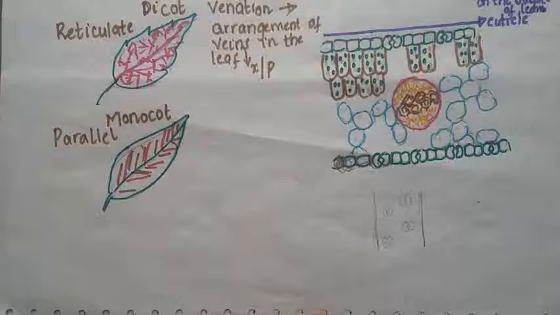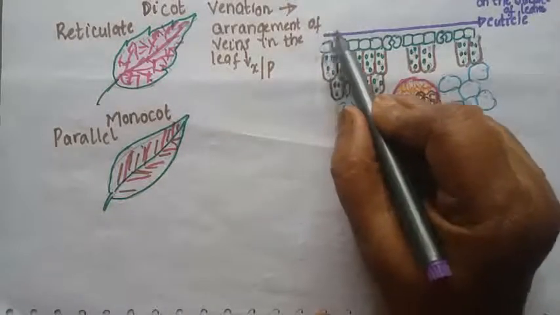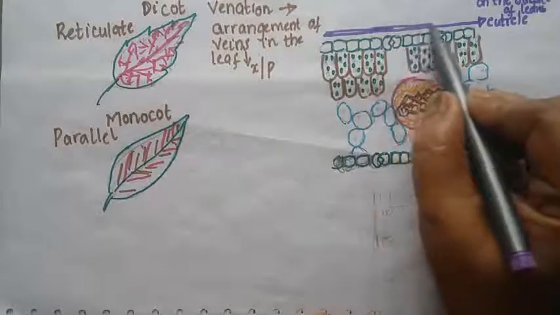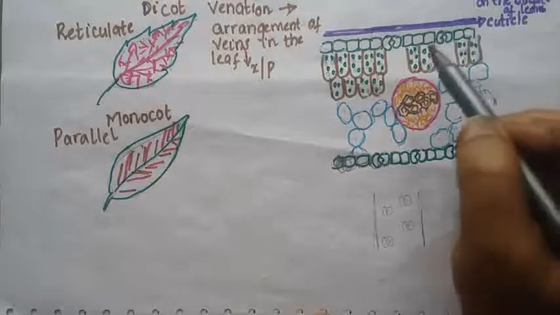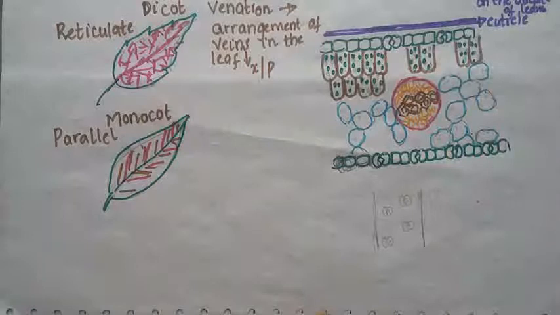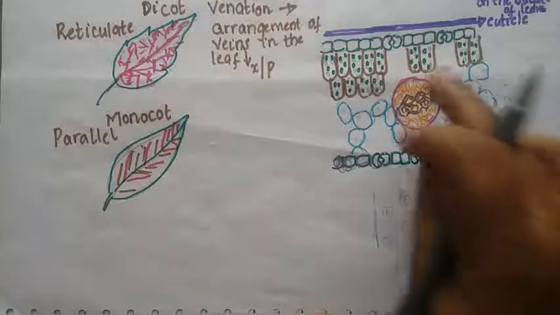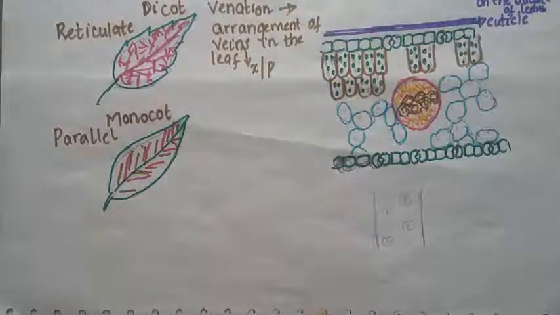Especially in the xerophytic plants, the desert plants, we have this cuticle which is thicker. The thicker the cuticle, the less is the transpiration. So since the plants have to conserve water in the desert areas, they have a thicker cuticle.